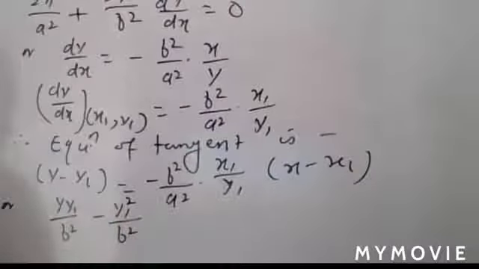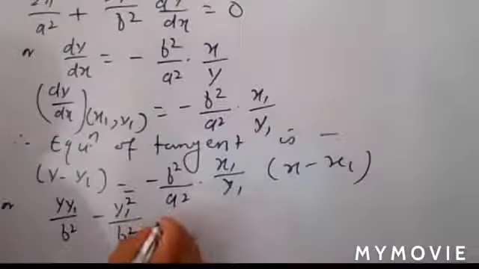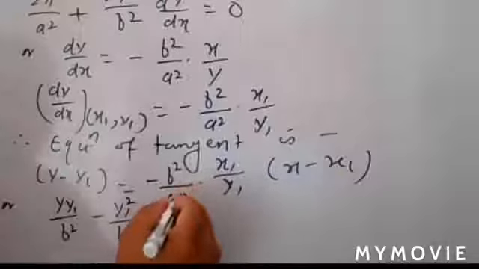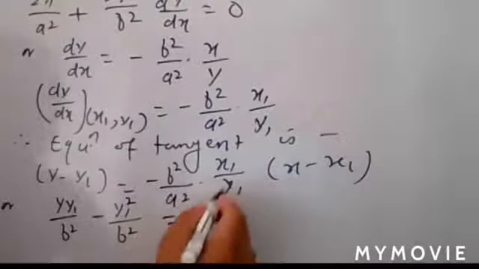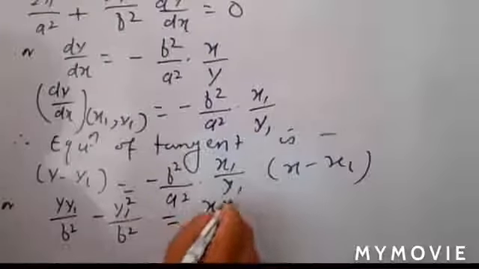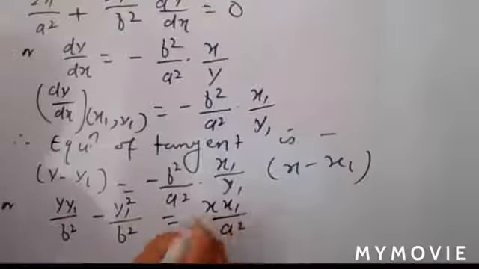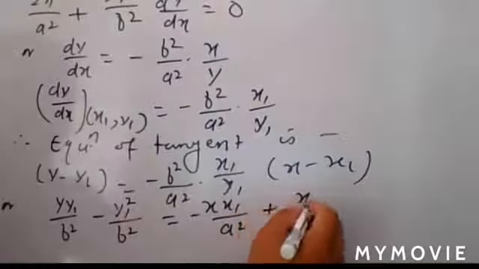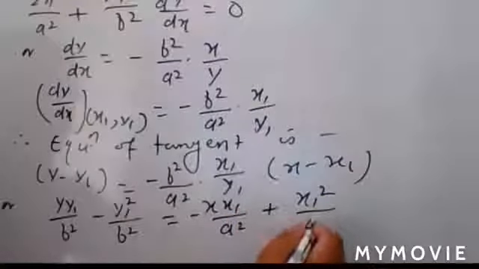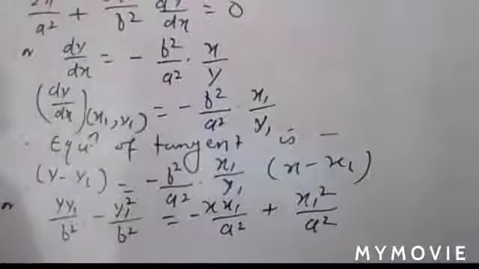Yes, check it. And in the same way, you have to multiply each term by x1 and divide by a square. So here you have x x1 upon a square with negative sign, and here you have plus x1 square upon a square. Yes, check this step.